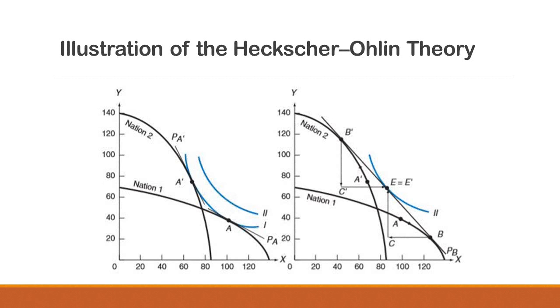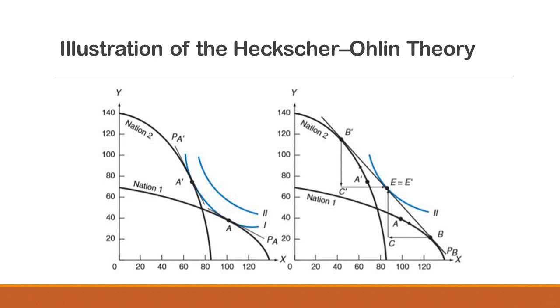In the case of international trade, we are concerned with community indifference curves, and we have two, indifference curve 1 and indifference curve 2. First let us consider nation 1's production possibility frontier.